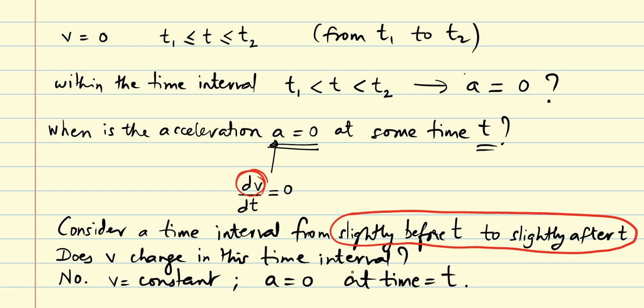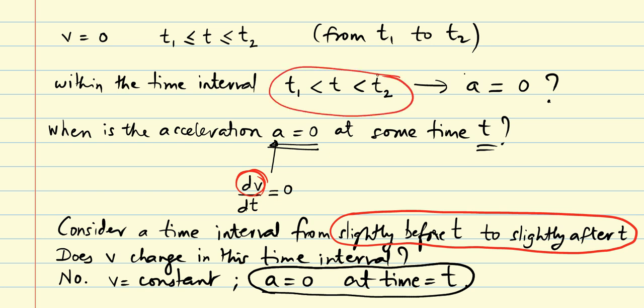Now we must check whether this particular condition, that is the acceleration is equal to 0, is valid for all times within our time interval. And if the answer is yes, then of course the acceleration is 0 at all times in that time interval.